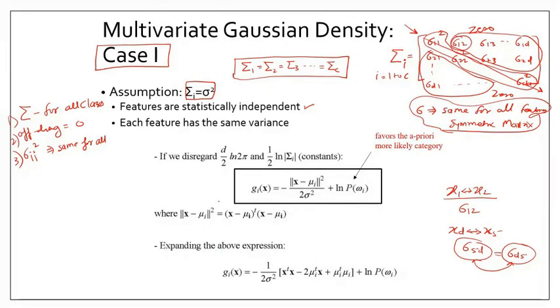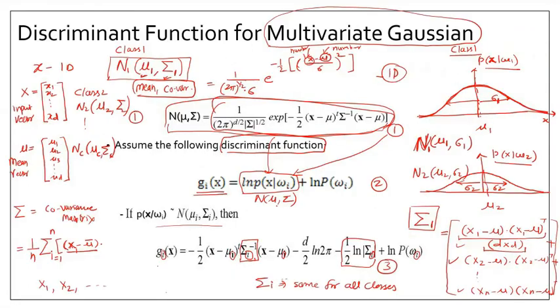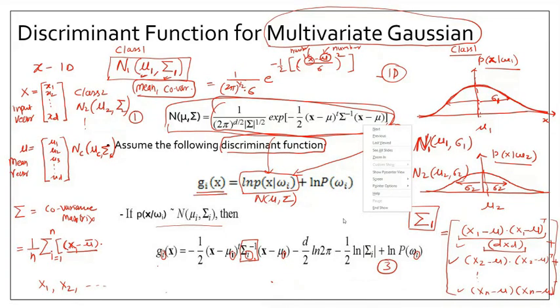Right now, we will try to simplify this equation number 3. So in equation number 3, I can throw away this quantity which is common to all. This quantity, half log of the mod of sigma, is the same because this sigma is the same for everybody, so I can throw this quantity.